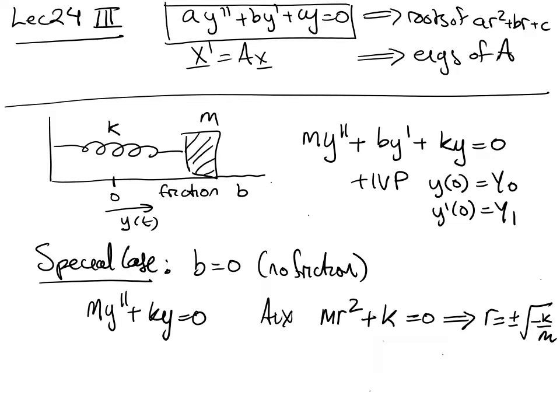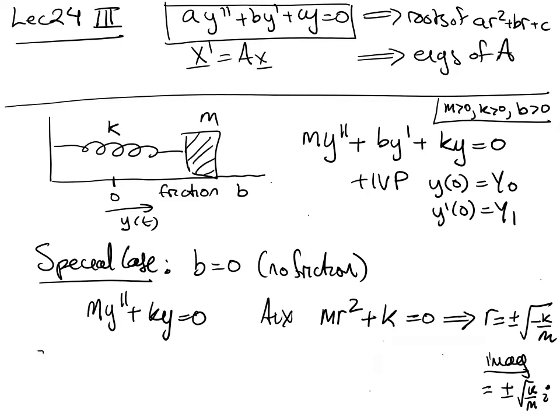Because all these quantities are positive: mass is positive, spring constant is positive, and the friction constant is also positive. In fact, they're pure imaginary roots, equal to plus or minus the square root of k over m times i.